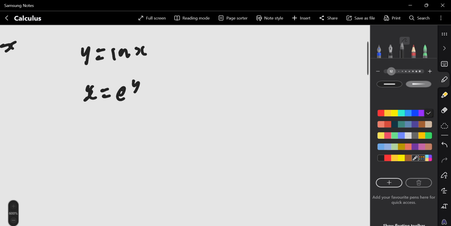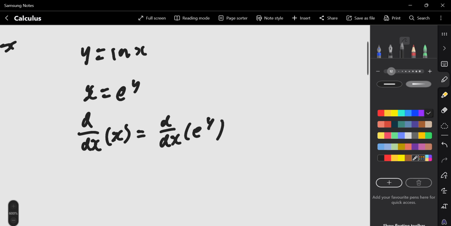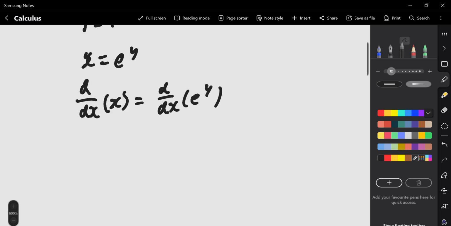So now differentiate both sides with respect to x. Let's have the derivative of x and e to the y. Well, for the left side, we're just going to get 1. But for the right side, it needs the chain rule because y depends on x. So e to the y dy by dx. 1 equals this.